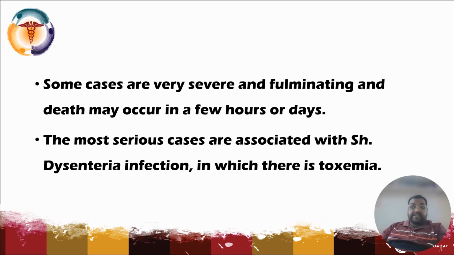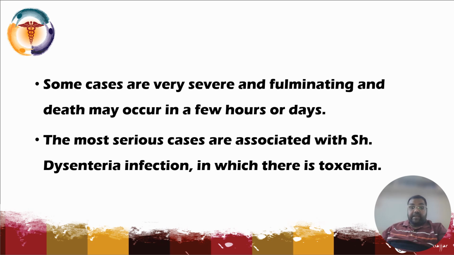The most serious cases are associated with Shigella dysentery infection, in which there is toxemia. Due to the infection the WBC count increases, which can cause toxemia and septicemia, so the patient may go into a serious condition and death may also occur. Right? So I hope you can easily understand the signs and symptoms of dysentery.